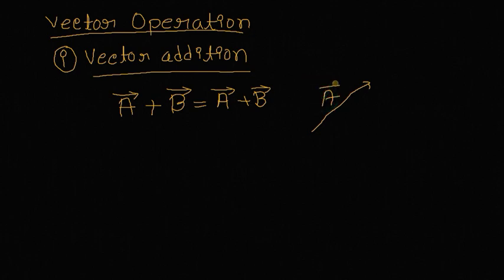A vector, B vector, and the sum will be represented by A vector plus B vector, and the direction will be in this direction.